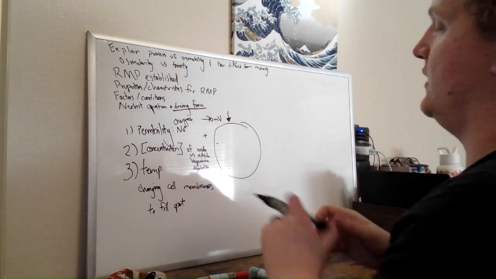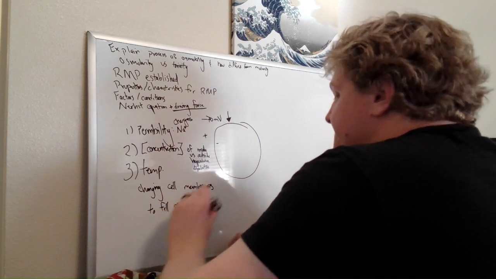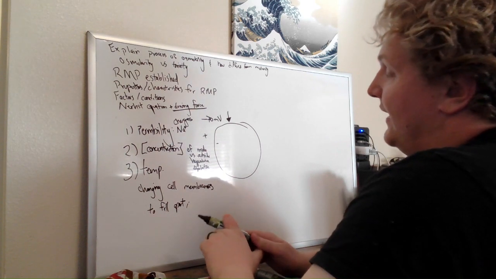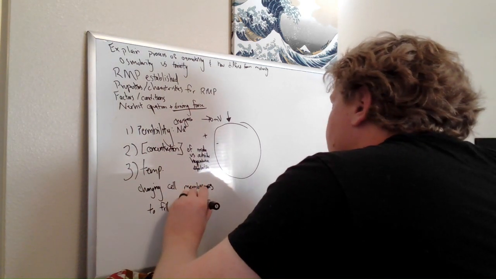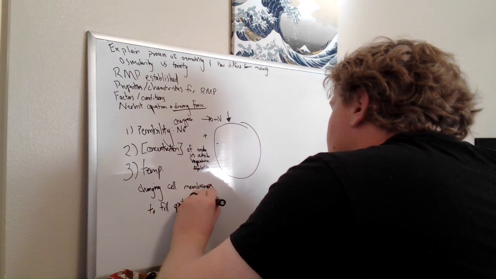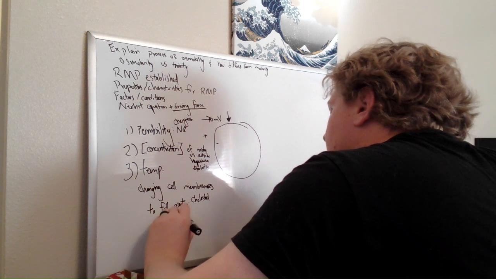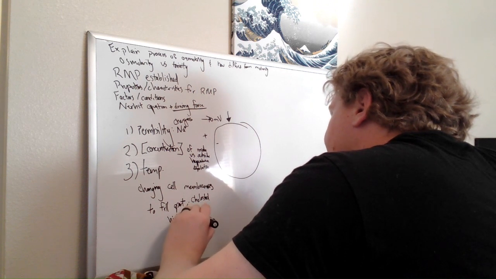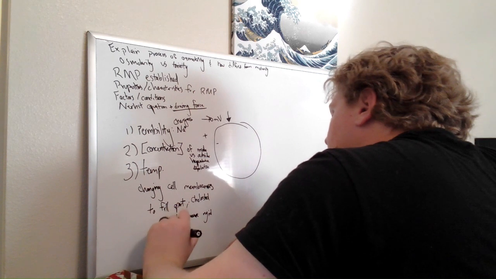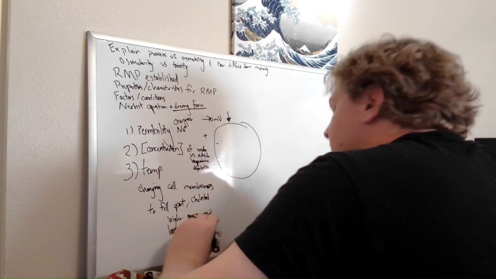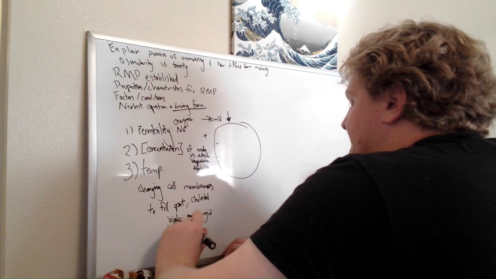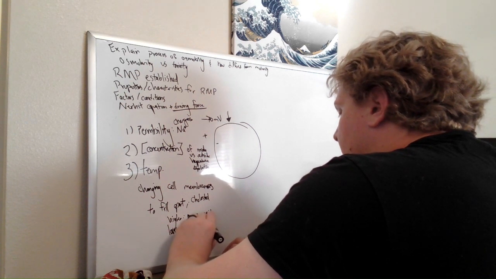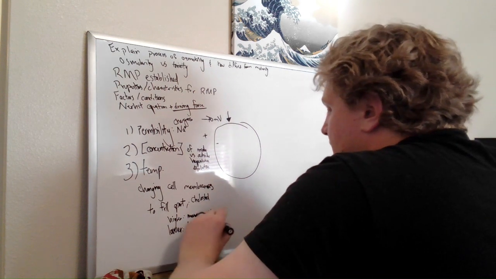Thankfully, we have a compound within our cell membranes called cholesterol, which at higher temperatures will make the membrane more rigid, and at lower temperatures will make the membrane less rigid, or more permeable.